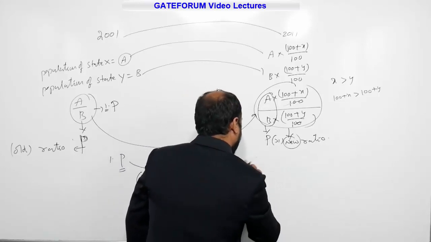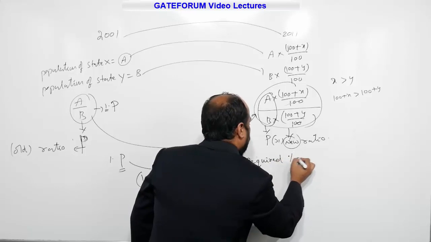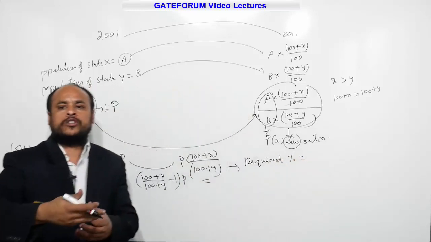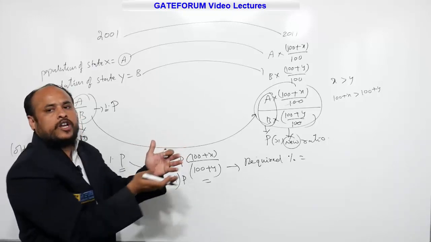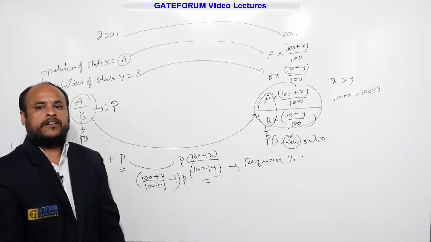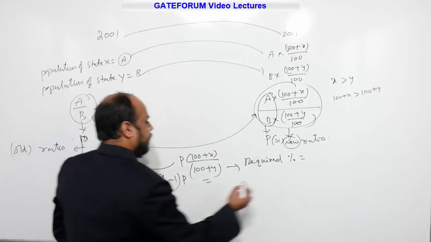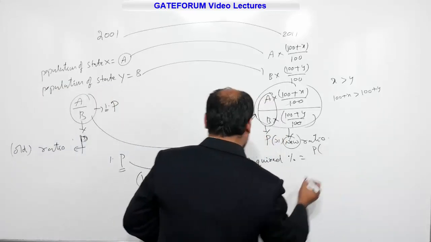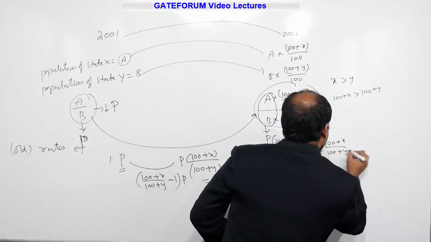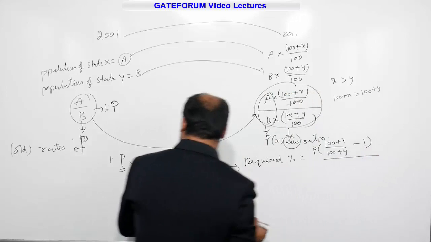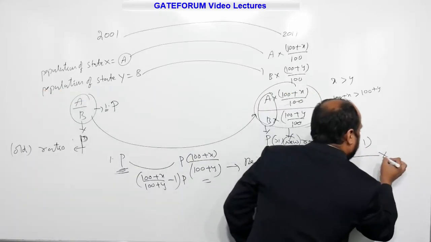Therefore the required percentage: to calculate a percentage increase or decrease, the difference value divided by the old value, into 100, gives the percentage increase. The difference value here is P into 100 plus X by 100 plus Y minus 1, divided by the old value, P into 100.